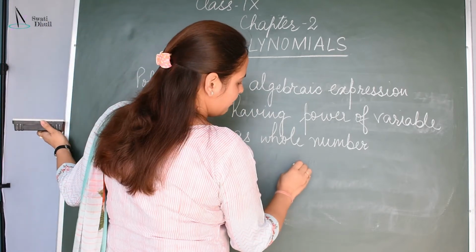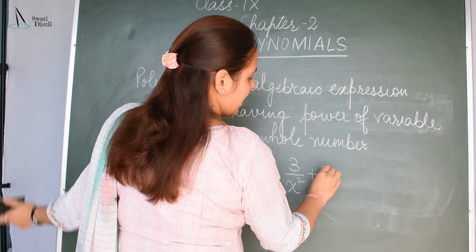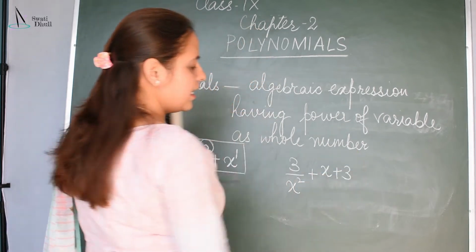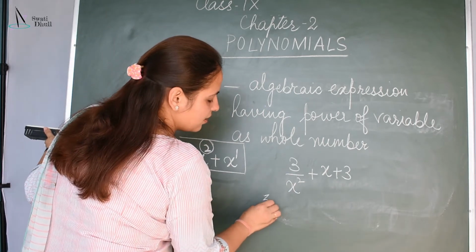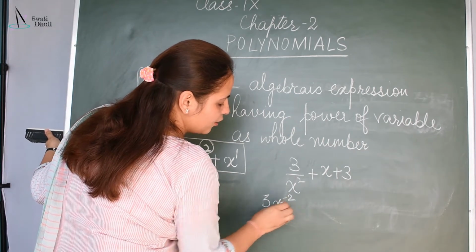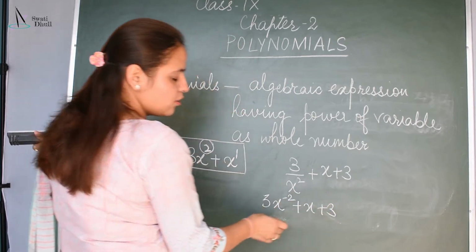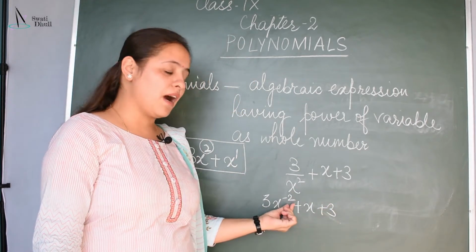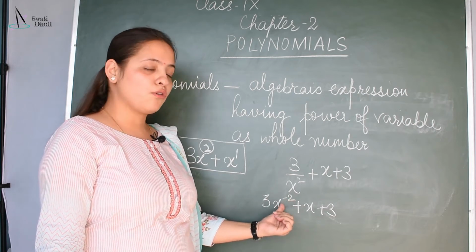If I say 3 by x square plus x plus 3, is it a polynomial? No, it is not a polynomial because if I write it in its standard form, 3x to the power minus 2 plus x plus 3, you can see the power is not a whole number because minus 2 is not a whole number.